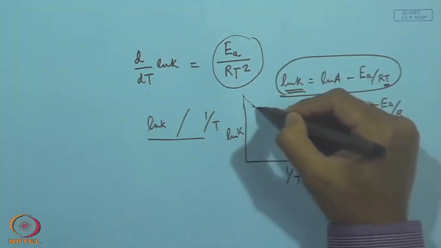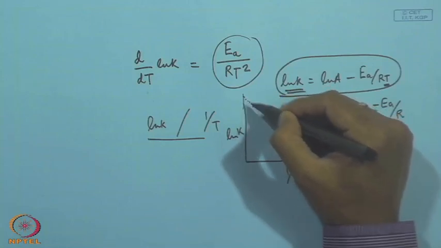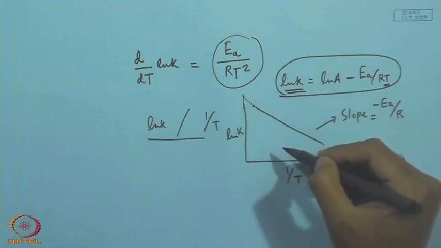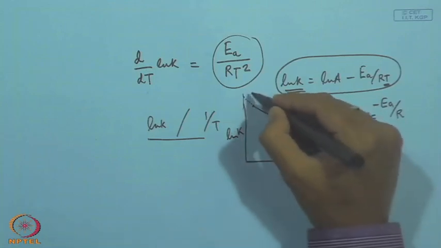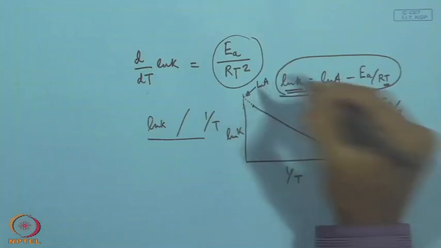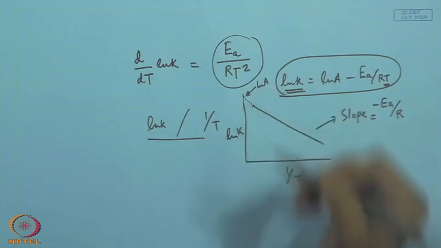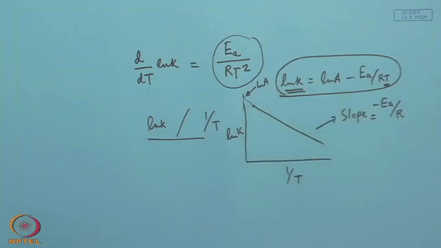Then you do extrapolation, because otherwise you cannot get ln A, as you cannot do a real experiment at a very high temperature. So, after extrapolation you will get ln A. This will give you the pre-exponential term, which is also called the frequency factor. Okay.